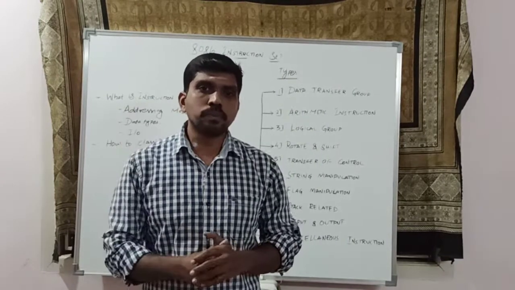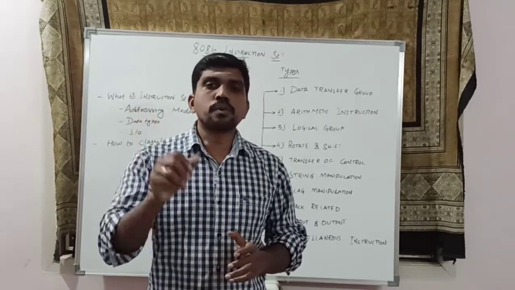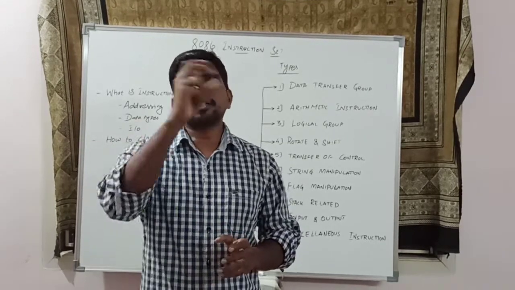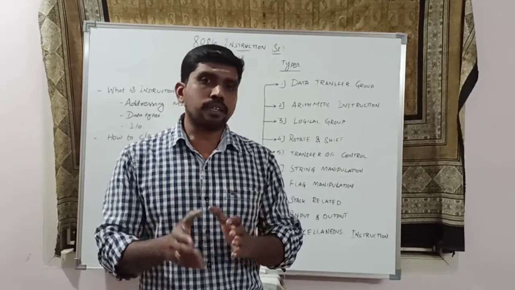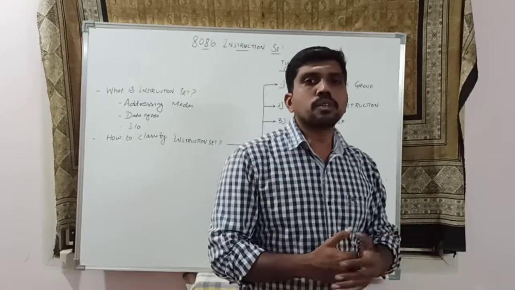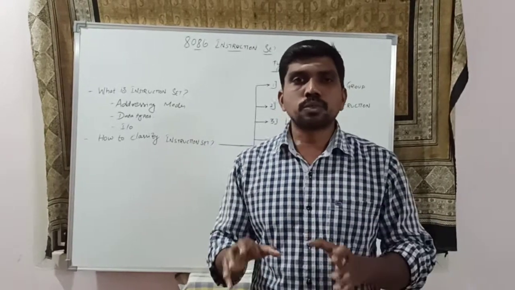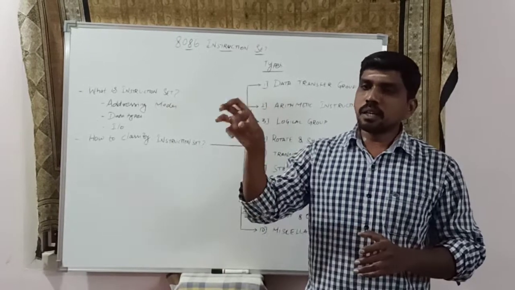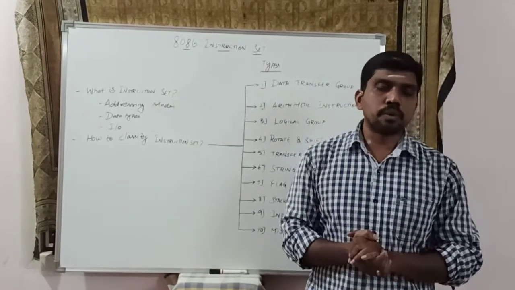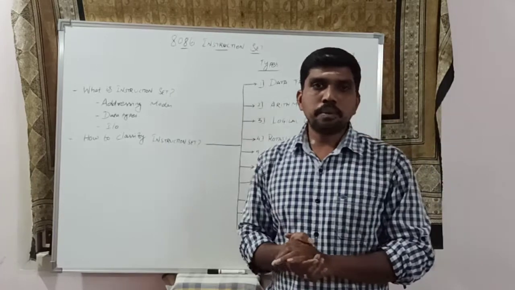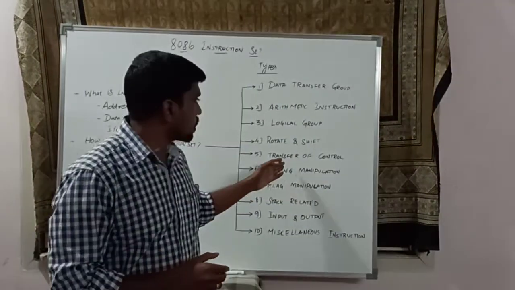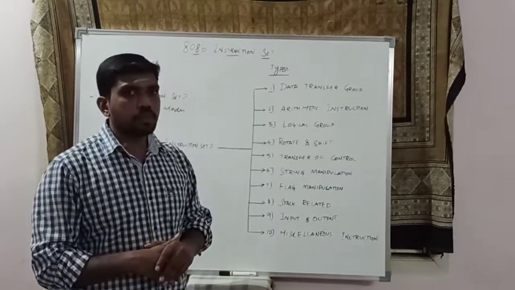If the condition is true, whatever address location I specified, you can transfer to the program counter. That's a conditional group. Unconditional group means without checking any condition, whatever memory location I specified in the instruction is transferred to the program counter. This is the basic difference between conditional and unconditional group. That kind of instruction comes under the transfer group instructions.